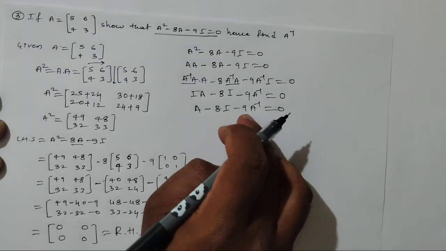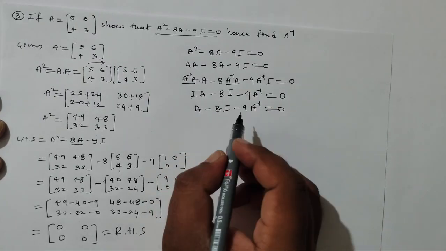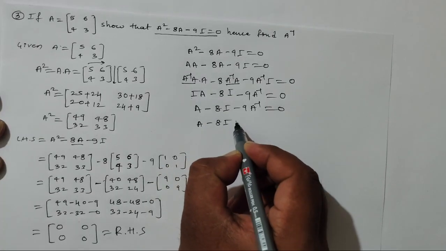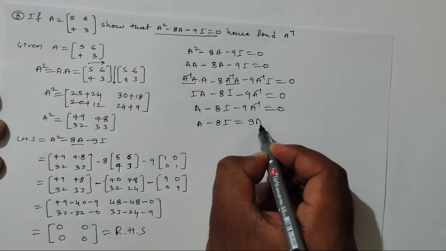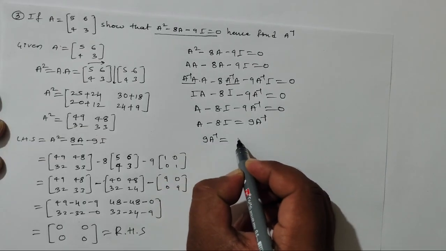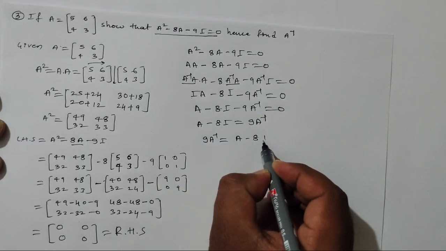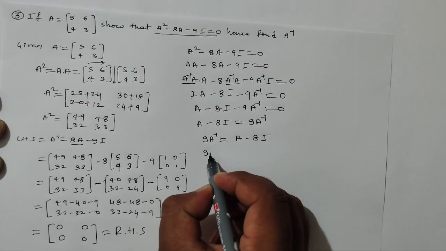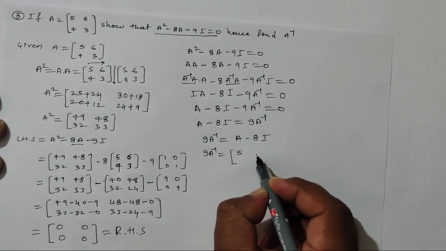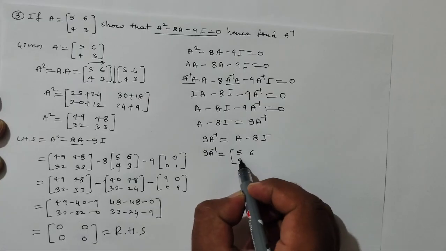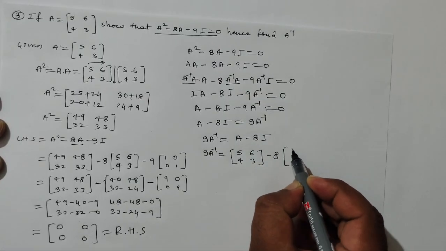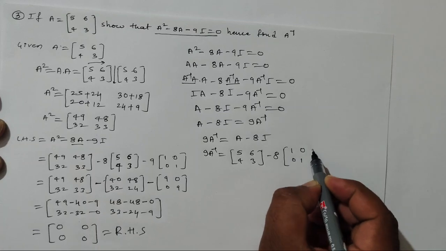Okay, so we'll take this term this side. So that becomes A minus 8I is equal to 9A inverse. Then can I write 9A inverse equal to A minus 8I. Okay, 9A inverse equal to, what is matrix A? 5 6 4 3 minus 8 into, what is identity matrix? 1 0 0 1.